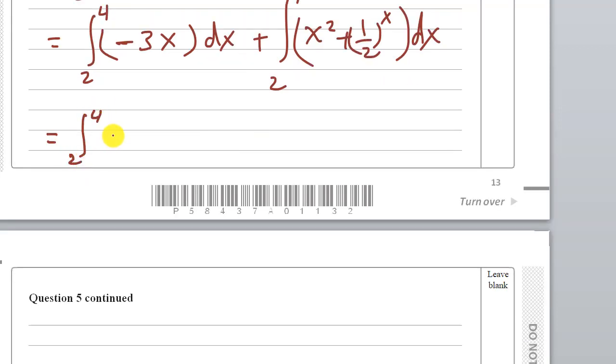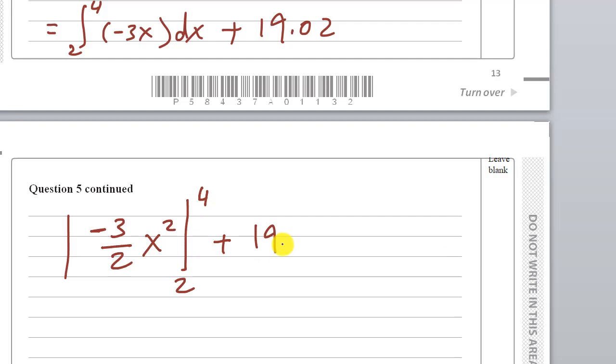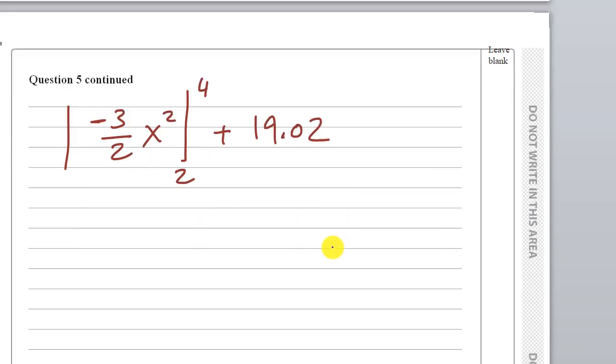From 2 to 4 minus 3x dx plus 19.02. Let us find this value. It's equal to minus 3 over 2 x squared from 2 to 4 plus 19.02.